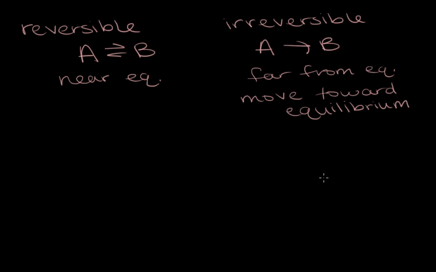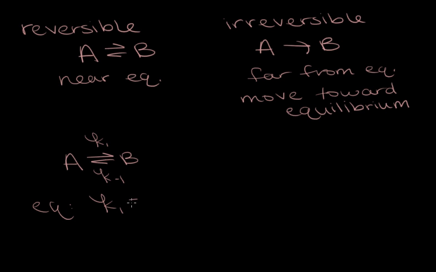Okay, and then the final thing I want to talk about is equilibrium, and here I'll show A going to B again. So we have these rates, how fast A is becoming B, and how fast B is becoming A. So at equilibrium, these rates, K1 equals K minus 1.